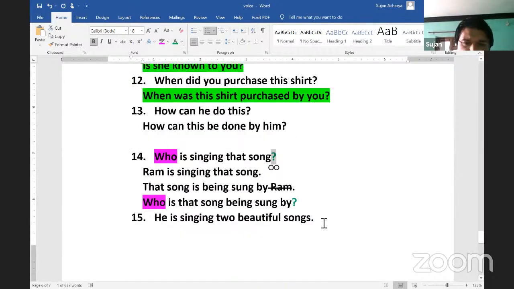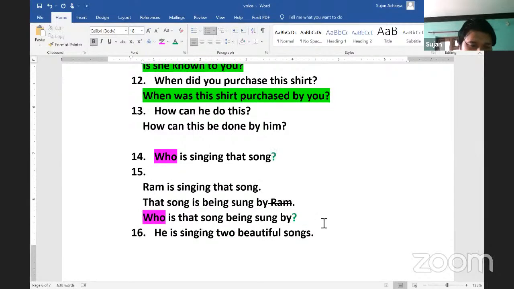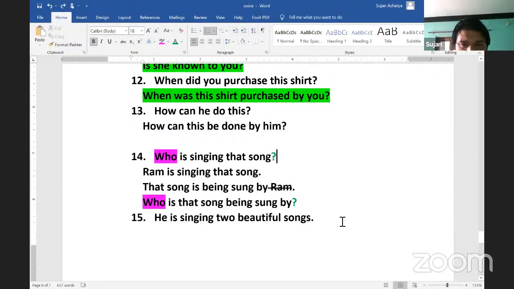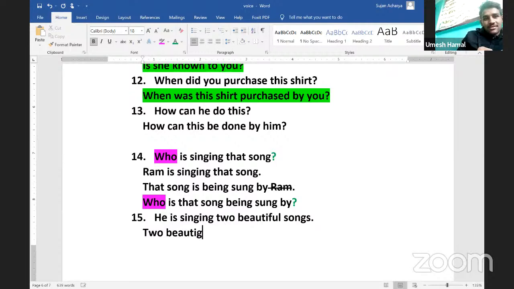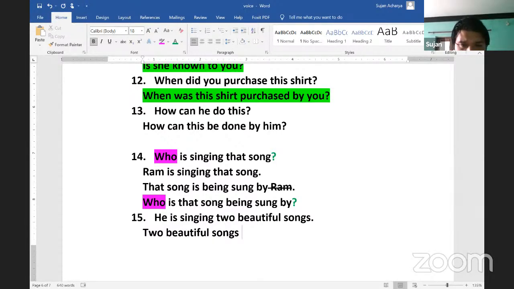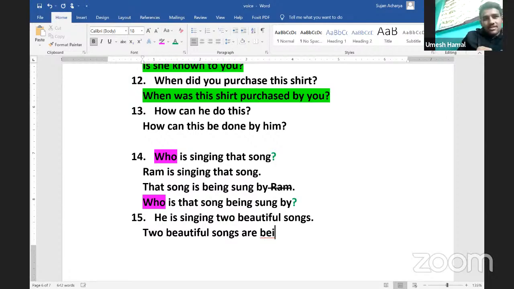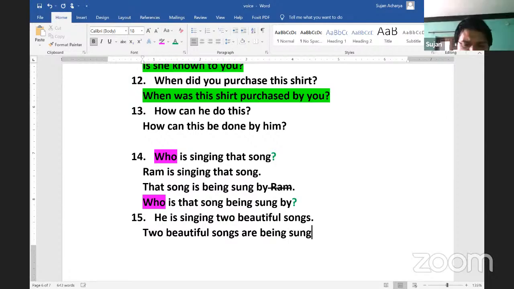He is singing two beautiful songs. Two beautiful songs are being sung by him.